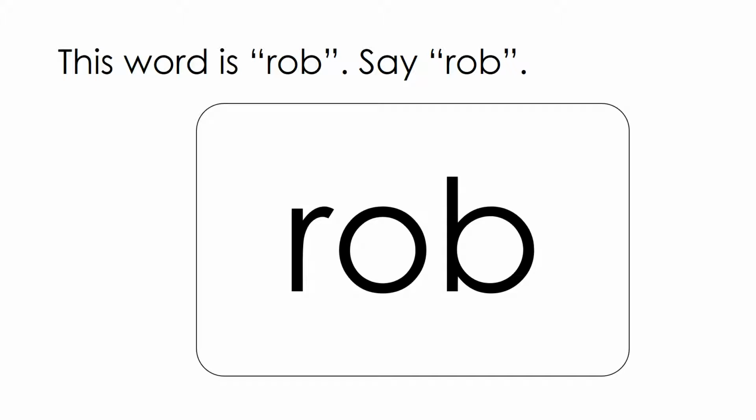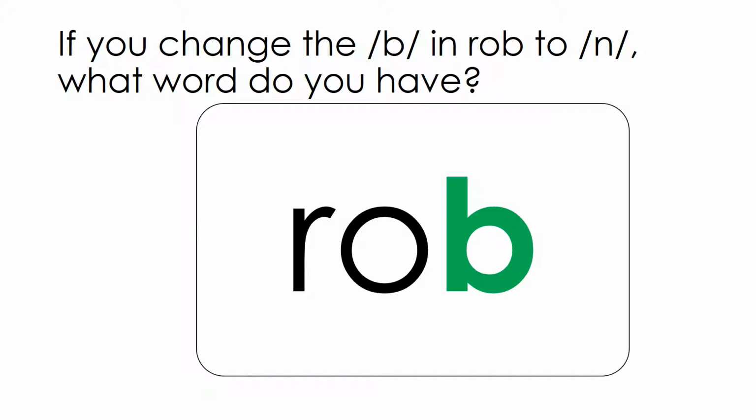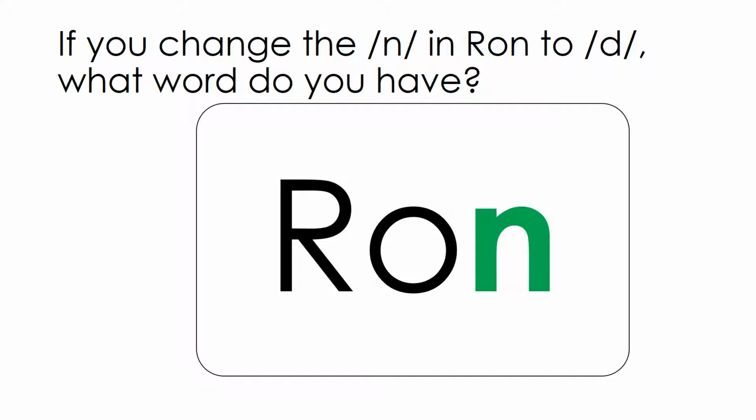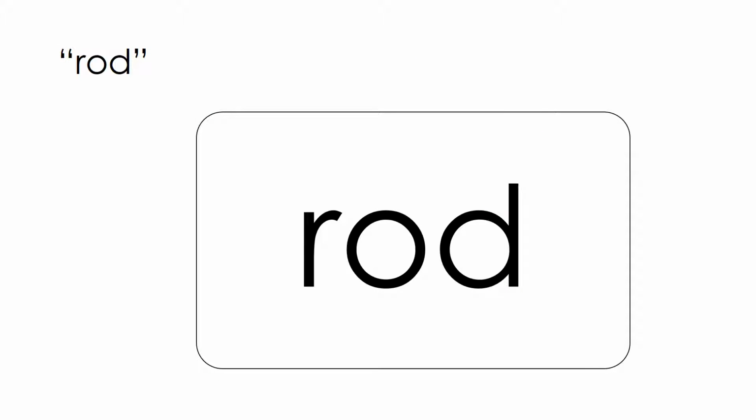This word is rob. Say rob. If you change the B in rob to N, what word do you have? Ron. If you change the N in ron to D, what word do you have? Rod.